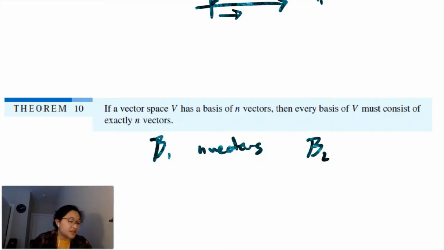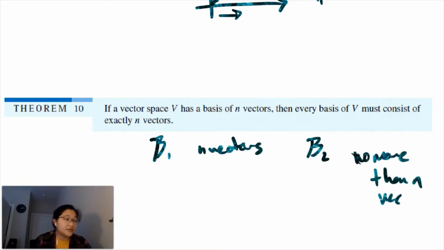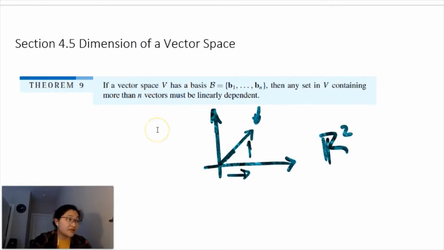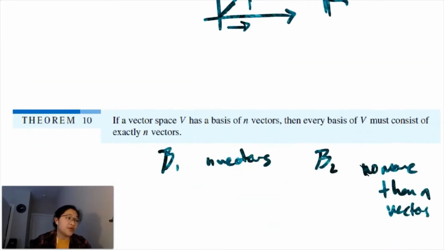B1 is a basis, and B2 is also a basis, so the set of B2 vectors is linearly independent. That means B2 has no more than n vectors, because of what we were talking about up here with Theorem 9: if we have too many vectors, then we have linear dependence. So in order for B2 to still be a basis and linearly independent, it has no more than n vectors.